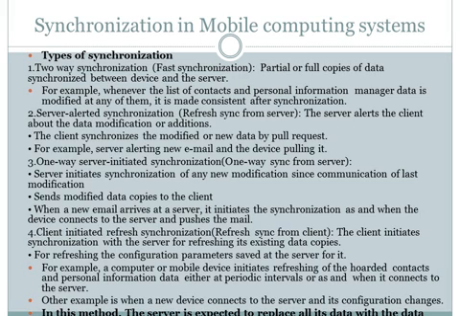And looking at the different types of synchronization, now the point here is who is initiating the synchronization, and who has to perform the synchronization, who has to perform the update.